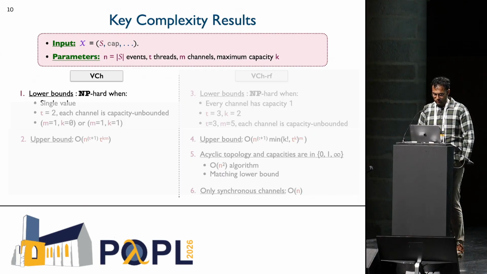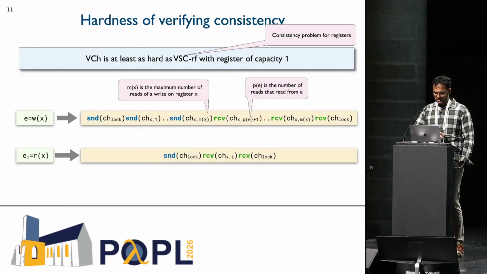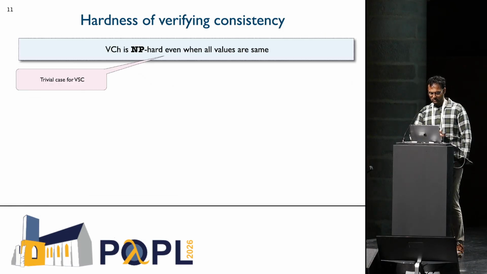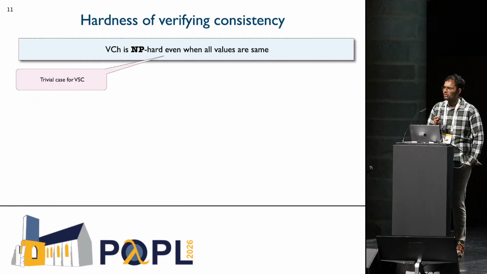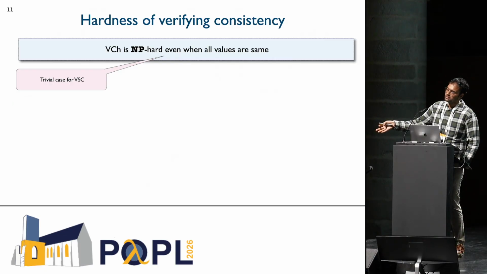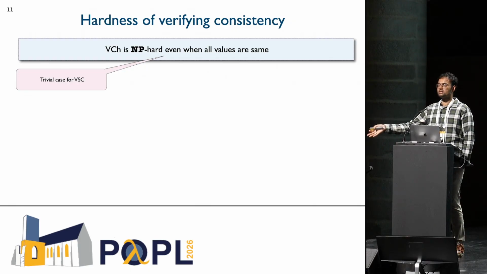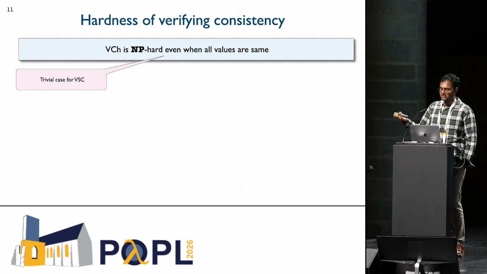But what's interesting is that for a much simpler case, where the problem is very easily solvable for registers, namely when you're given an instance where every value is the same, you can determine in constant time whether it is a consistent instance.